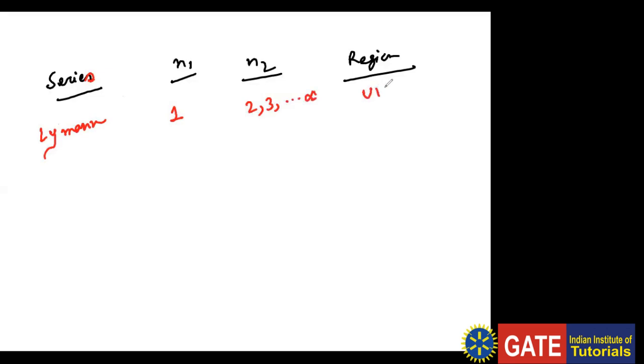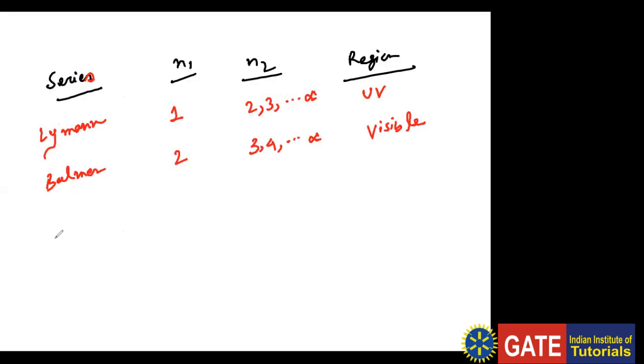This will be coming in the UV region. Next is the Balmer series. Only Balmer comes under the visible region. If a question comes, only Balmer is in the visible region, Lyman comes in the UV region.